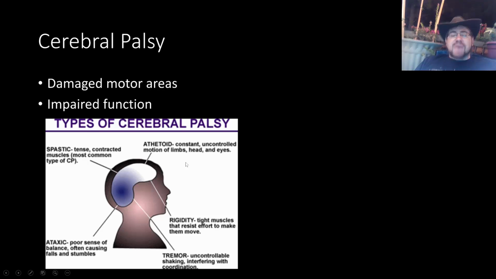Like, I don't want you to have to remember athetoid cerebral palsy, but this is a good example of different effects of damage to different motor areas. So athetoid cerebral palsy, you have constant uncontrolled motion of the limbs, head, and eyes. There's damage to motor areas sort of at the top and front of the cerebrum.